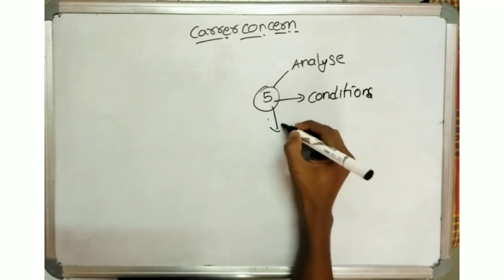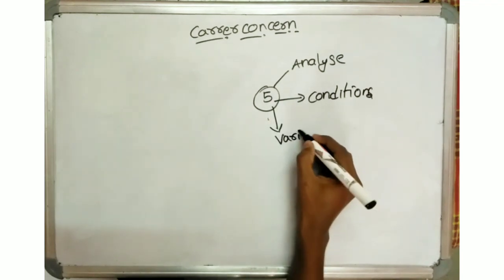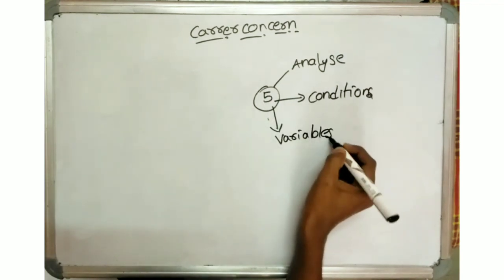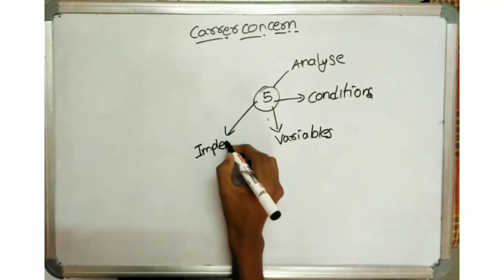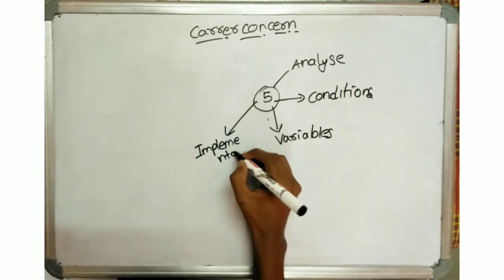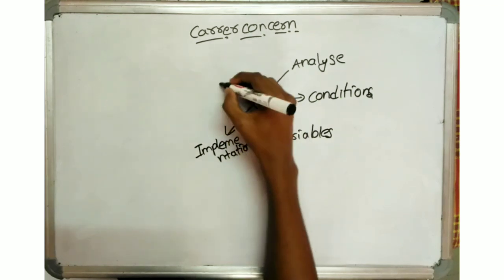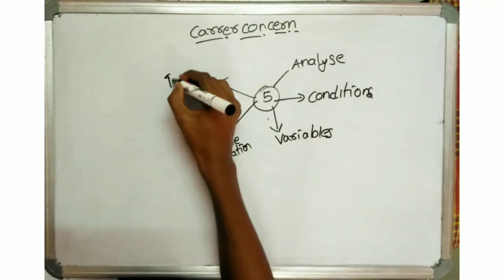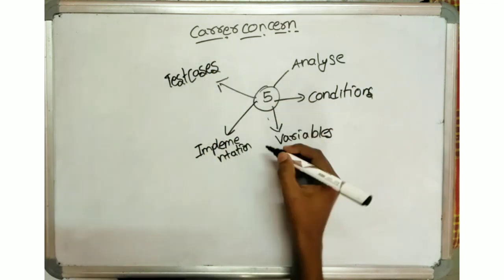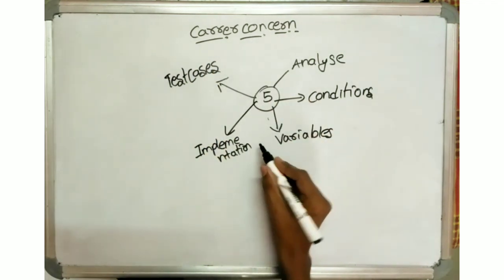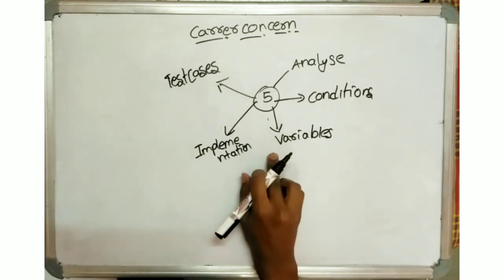Third one is variables, and fourth one is implementation. A fifth one is test cases. With these 5 steps, we are going to solve a given problem.